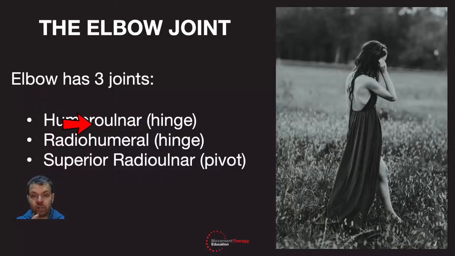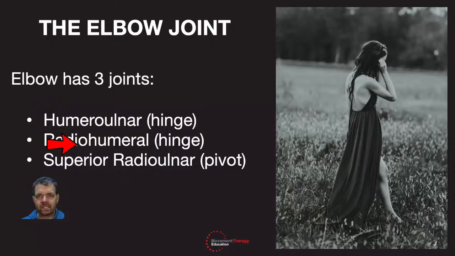So the good thing with the joint names is they have the names of the bones within them, so it's easy to work out which one's which. So we've got humero-ulnar joint, and there's a specific place where the humerus and the ulnar bone attach. We'll show you some pictures of those in a sec. Then we've got radiohumeral.